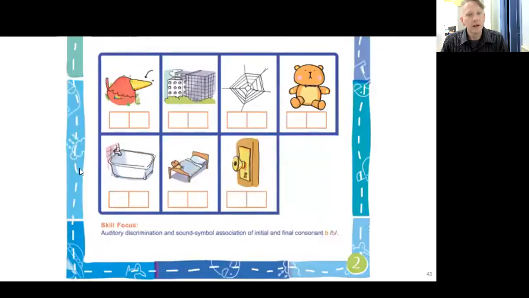Okay, look here. We have beak, building, web, bear, tub, bed, and knob. And do you remember if the letters are at the beginning or the end?